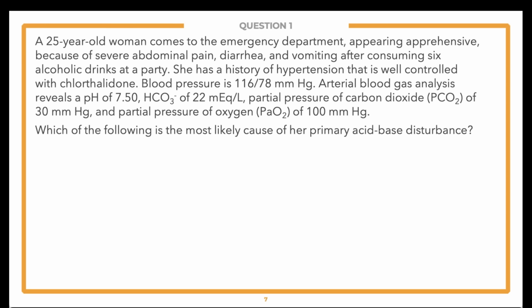And then second, read the lead-in. The lead-in is the actual question part of every item. In this case, the lead-in is, which of the following is the most likely cause of her primary acid-base disturbance? Now, we're going to read the stem in a minute, but some of these stems these days, in Step 1, are very long.